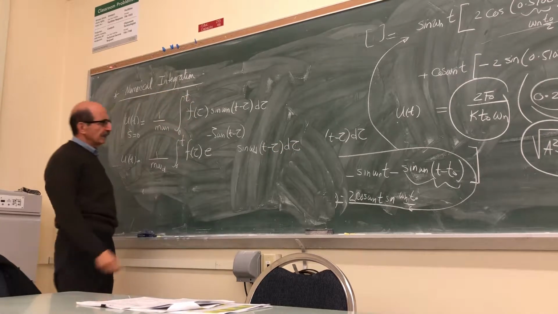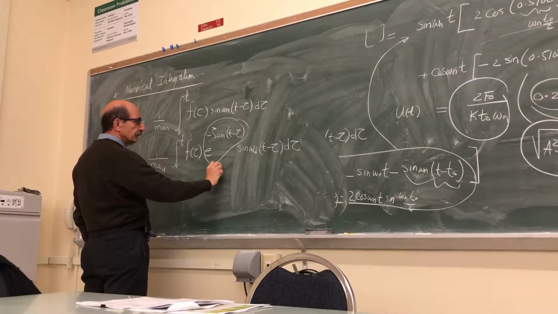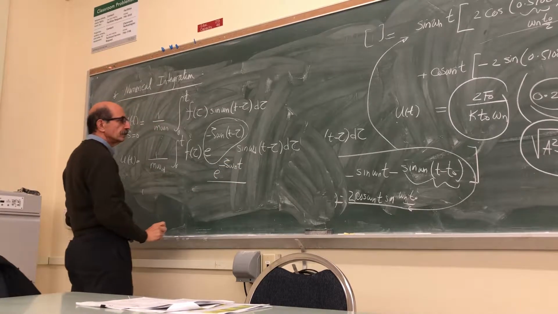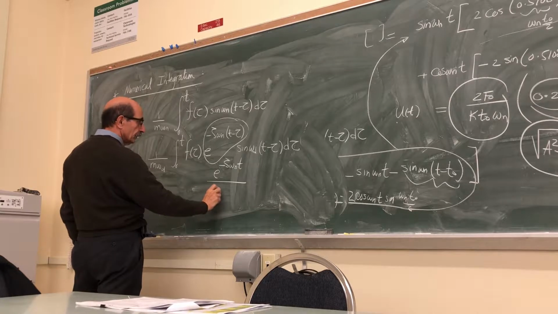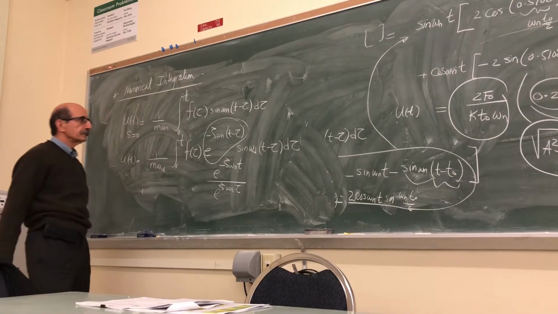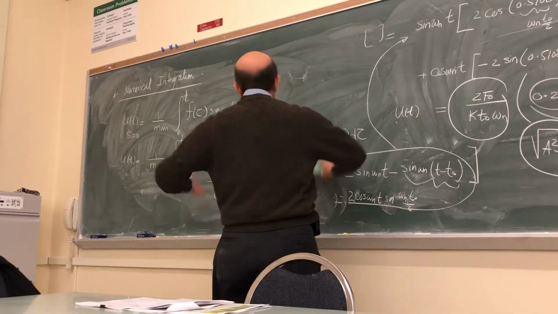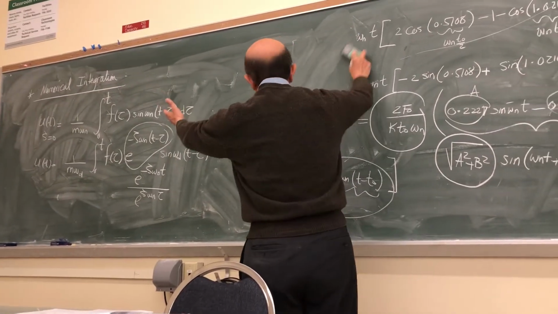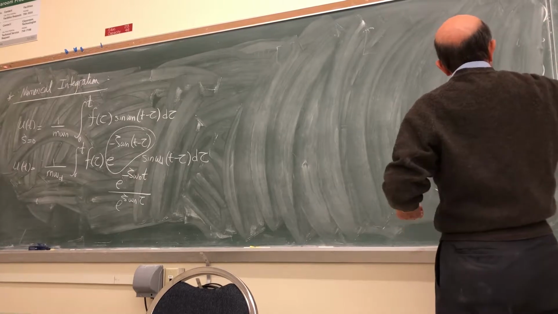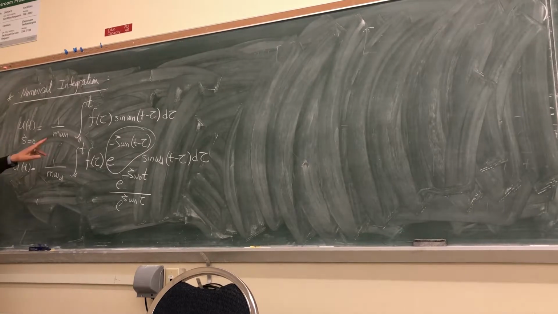This can be written as e to the minus zeta omega n t divided by e to the zeta omega n tau. But anyway, if you have a function like f of tau that is complex, it is not easy to find an analytical form for that.